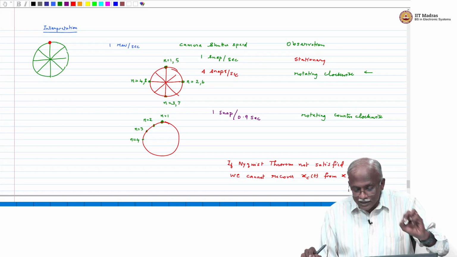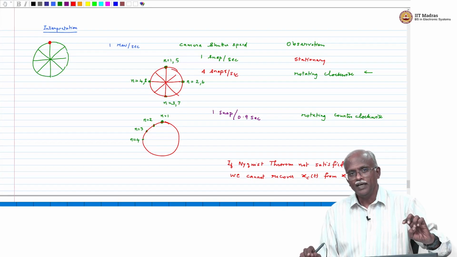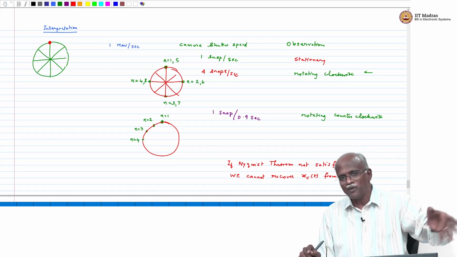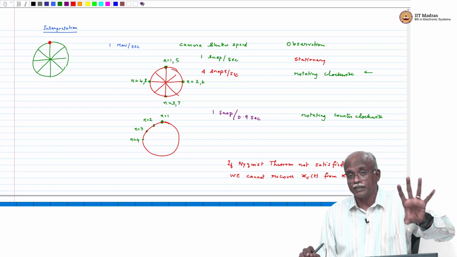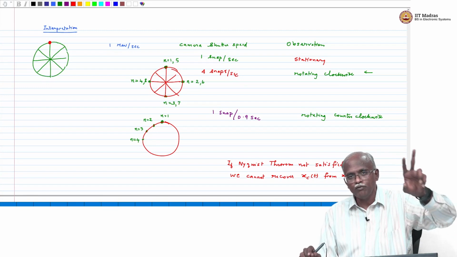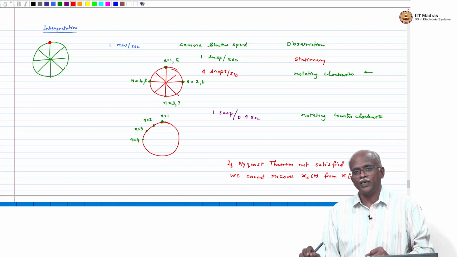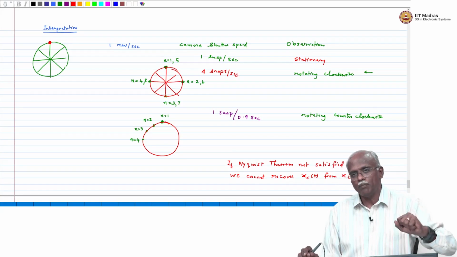So this is the reason why understanding sampling is very important. We are all used to seeing the wheel rotating backwards. Actually, the wheel is not rotating backwards. It is just that the camera that is capturing it is not clicking fast enough, and therefore the wheel looks like it is rotating in the wrong direction.